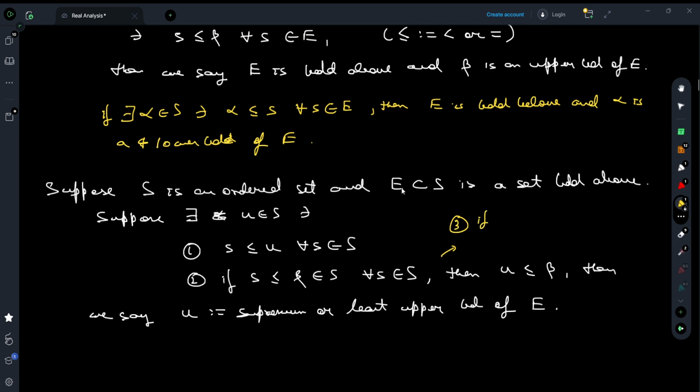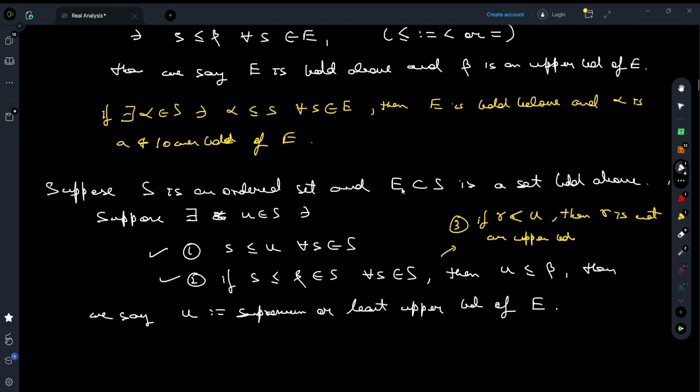One more definition of it is the third point, that if there exists some gamma which is less than u, then gamma is not an upper bound.